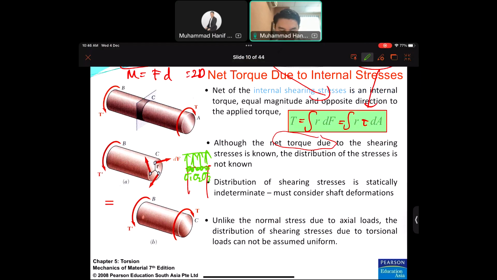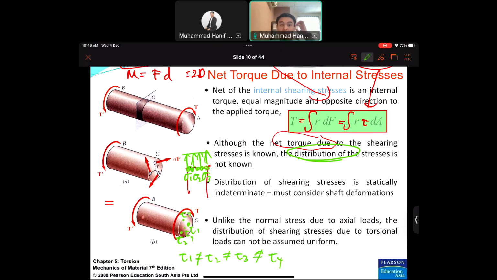But for torsion, the distribution, sigma 1, sigma 2, sigma 3, is a distribution. For torsion the distribution of the stress is not known, so what will happen is tau 1, tau 2, tau 3, tau 4: tau 1 is not equal to tau 2, not equal to tau 3, not equal to tau 4.